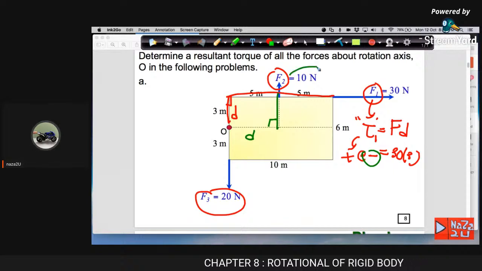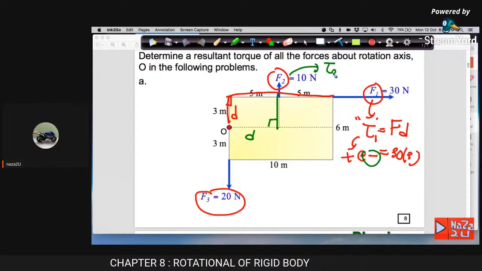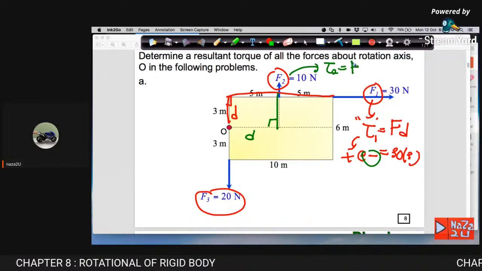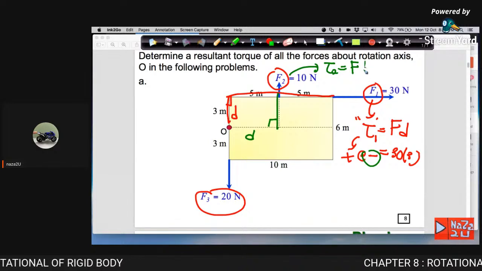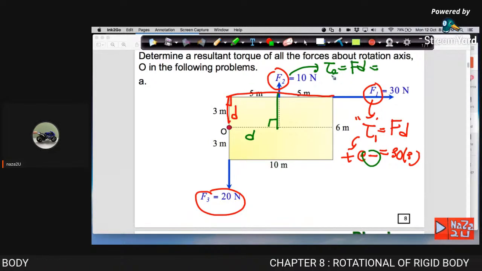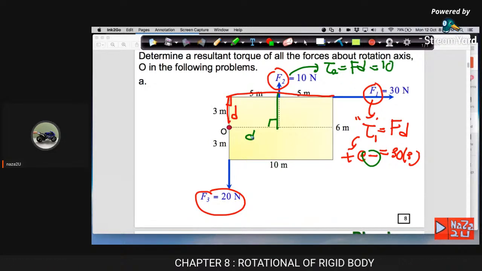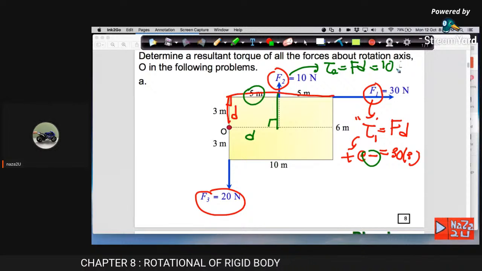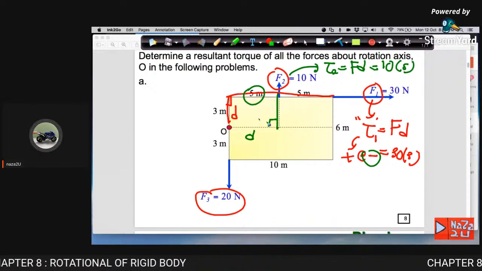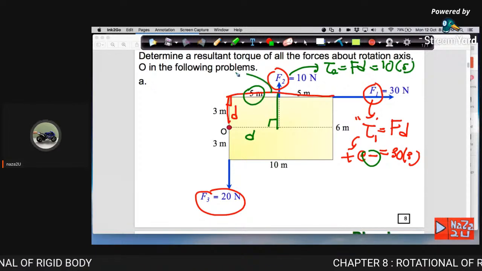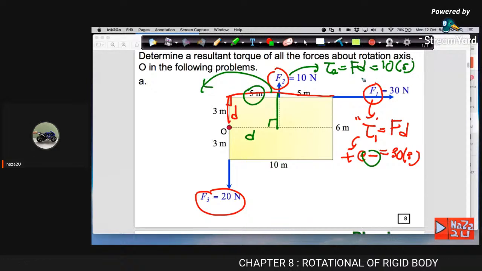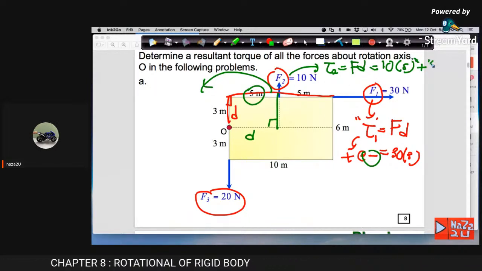So the torque for F2 is equal to F times D, where F is 10 Newton and the distance here is equal to 5. So it's equal to 5. But the direction rotates anti-clockwise, so this is a positive torque.